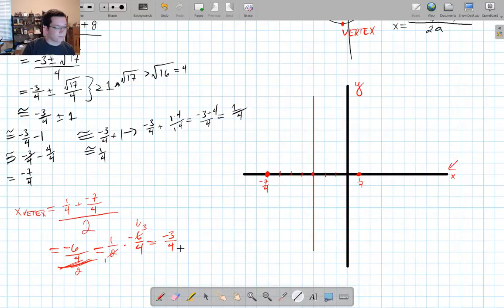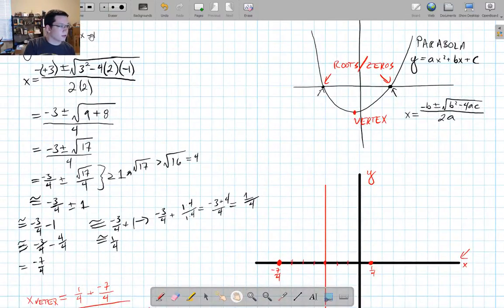is the vertex. But since we have the formula we started with, we can find out where the vertex is.